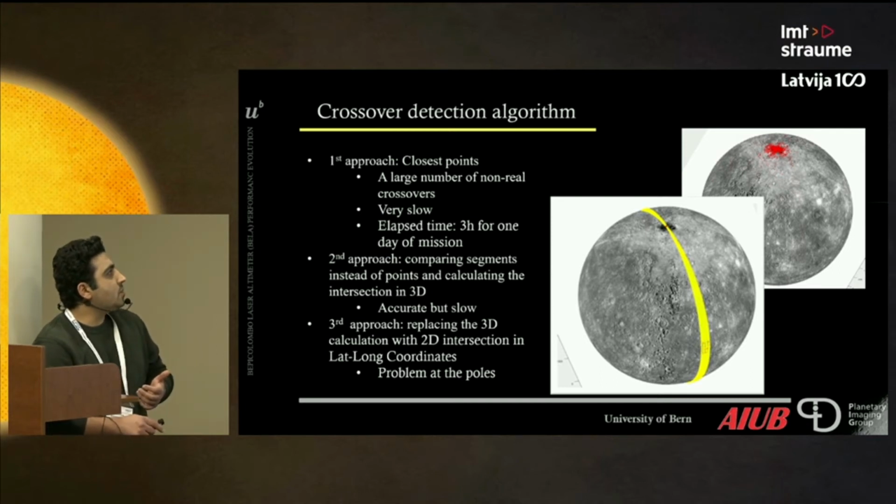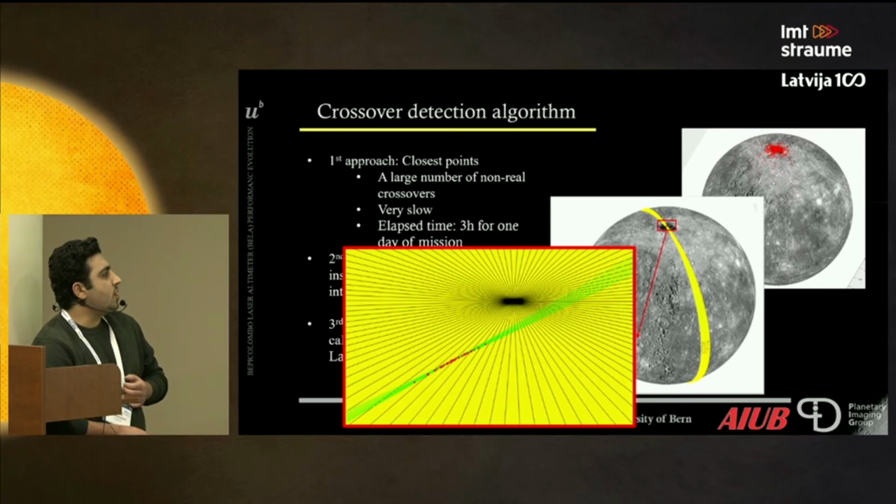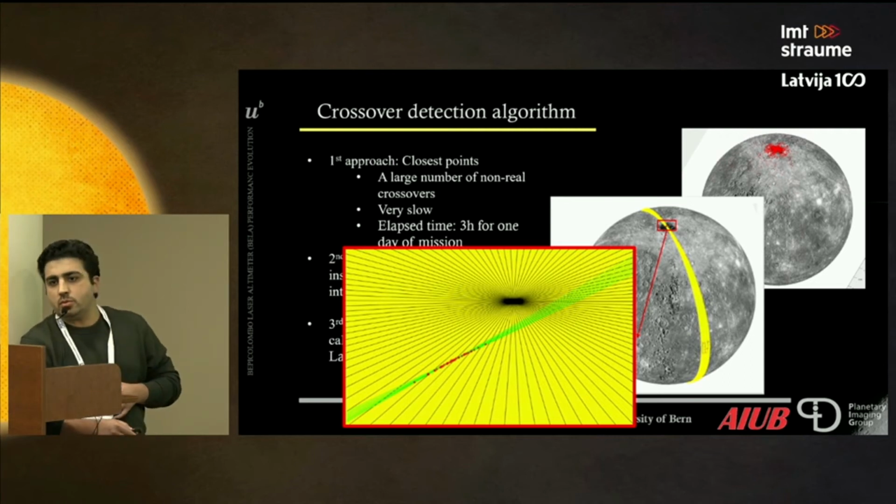I don't have time to explain all of it, but if I use a wrong approach, you can see a lot of wrong crossover points detected here. And if you use the right approach, you can see that all of them are concentrated at the pole. I will zoom in on this part, and you can see they look something like that. These are the crossovers from 1 day of orbit simulation.